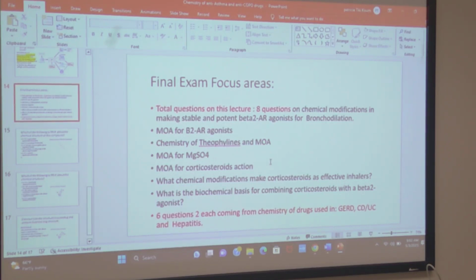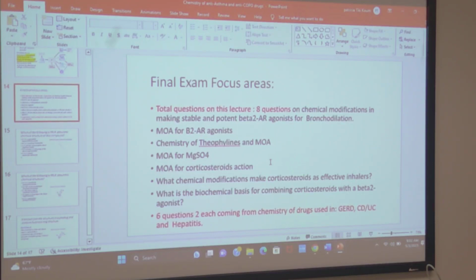MOA for corticosteroids. Corticosteroids act through multiple target sites. One is they increase or decrease the gene expression by binding to their cytosolic receptors, and they inhibit pro-inflammatory production by blocking the phospholipase A2 activity for arachidonic acid release and metabolism into lipoids.